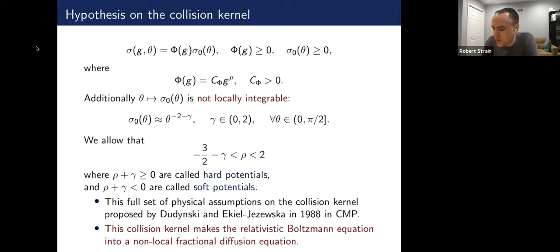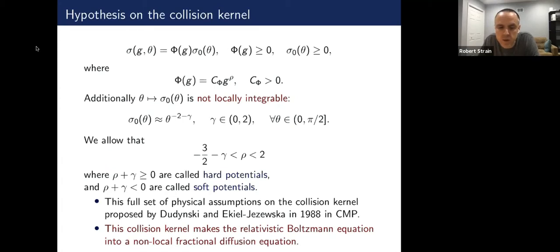Here we call these collision kernels the hard potential case if rho plus gamma is greater or equal to 0, and we call this the soft potential case if rho plus gamma is less than 0. And this full set of physical assumptions for the collision kernel was proposed by two physicists, Dudziński and Ikoł-Juniska, in their joint paper in 1988 in Communications in Mathematical Physics.